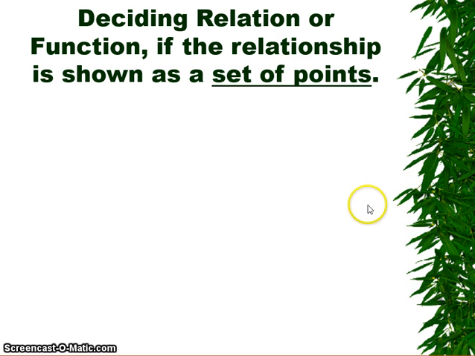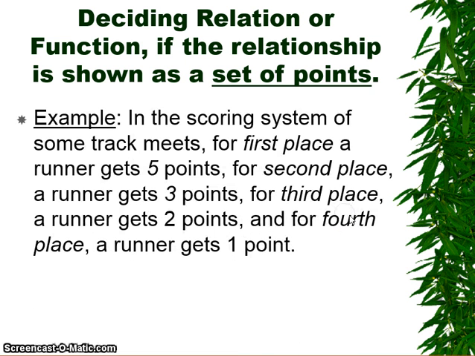Now, let's start looking at how we can decide if a relationship is a function or not if we're given a set of points. So let's look at a real-world example to be the basis of our start. In the scoring system of some track meets, for first place, a runner gets 5 points. For second place, a runner gets 3 points.